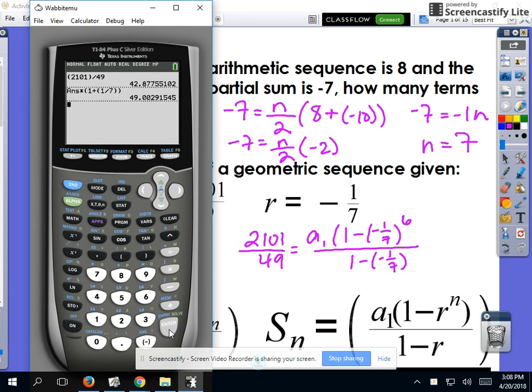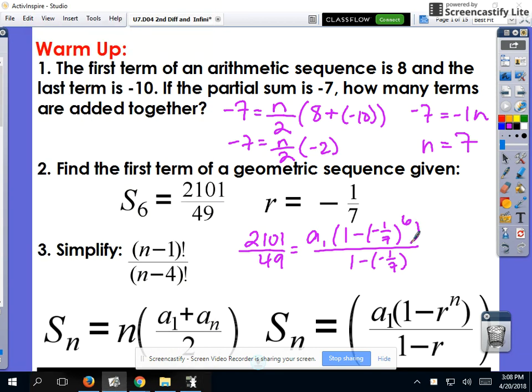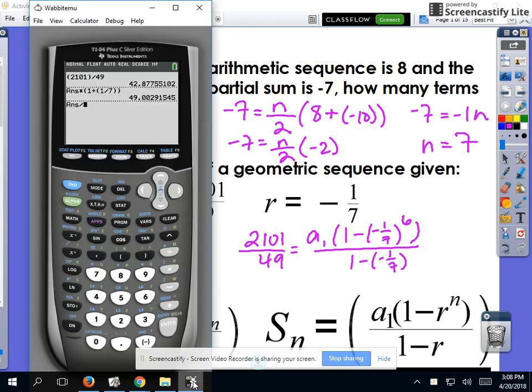And then let's divide by, there should be a parentheses here, 1 minus -1/7 to the 6th.